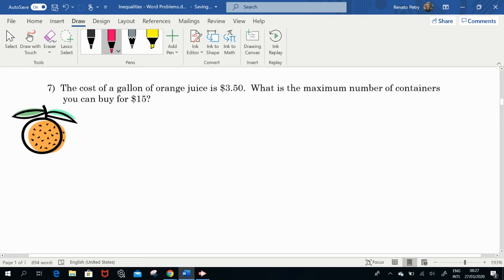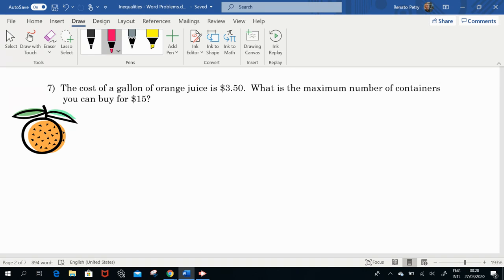I'm going to go over a real life one here. The cost of a gallon of orange juice is $3.50. What is the maximum number of containers you can buy for $15?